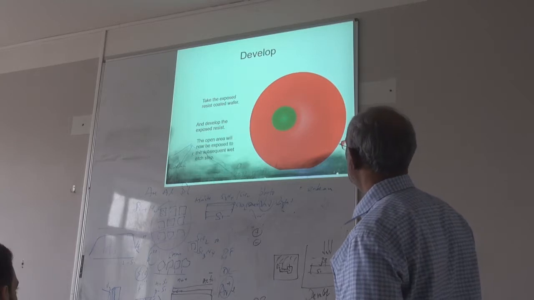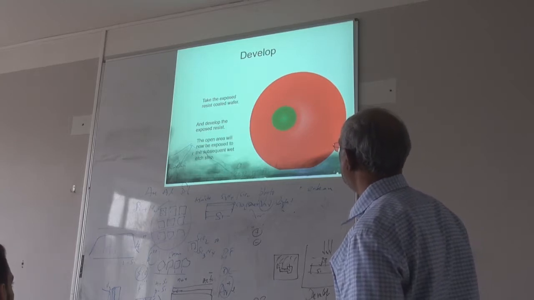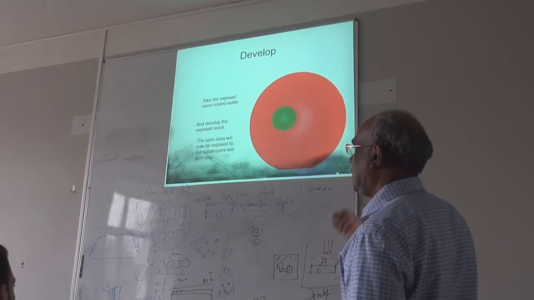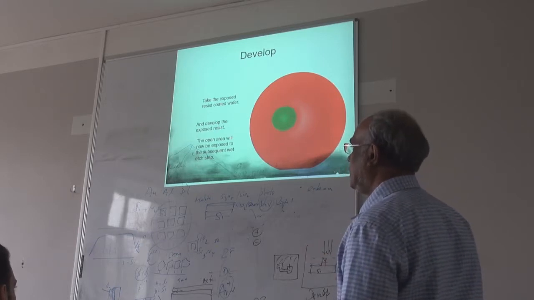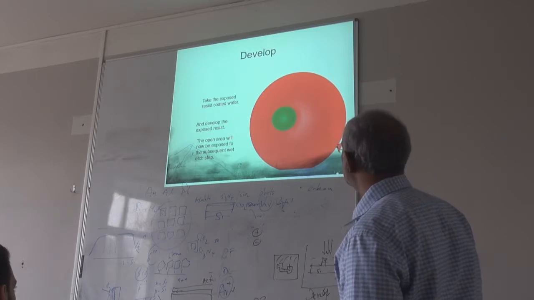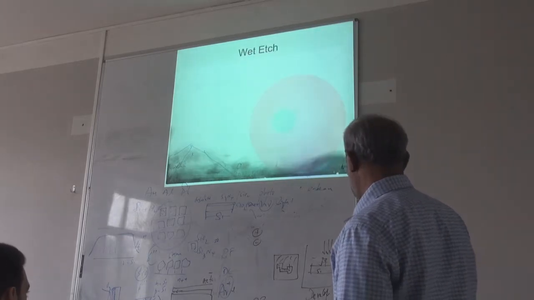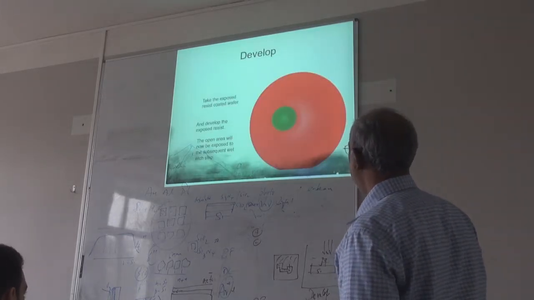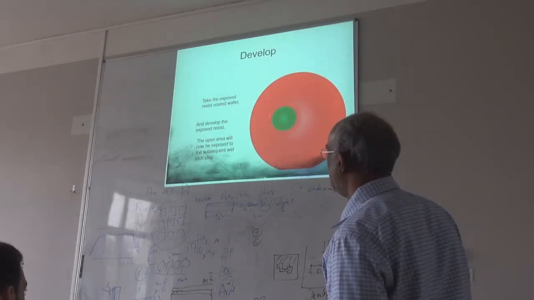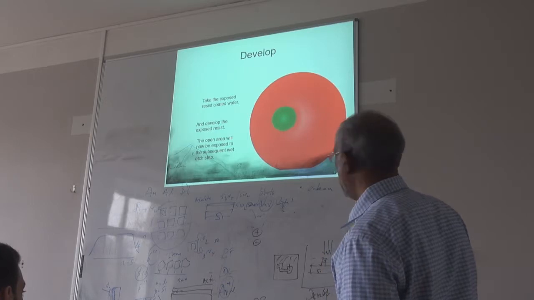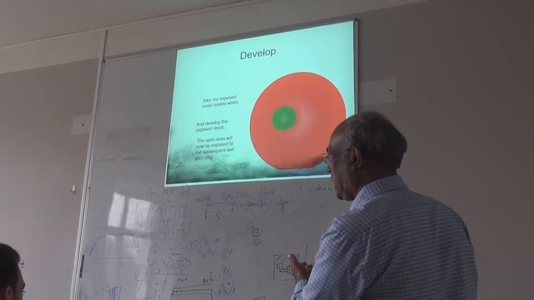Then we can put it in the etchant, and that will etch through that part. This part is protected by the polymer, so the sacrificial layer is protected.